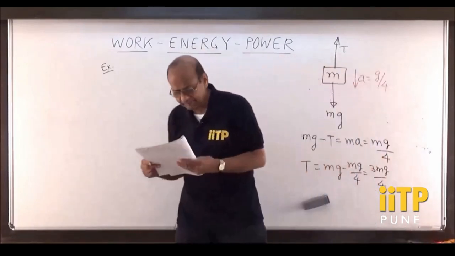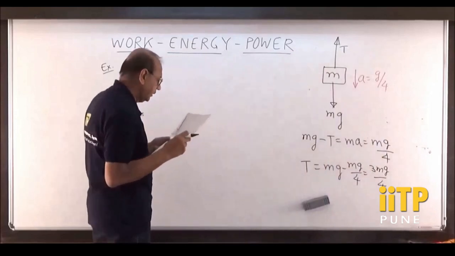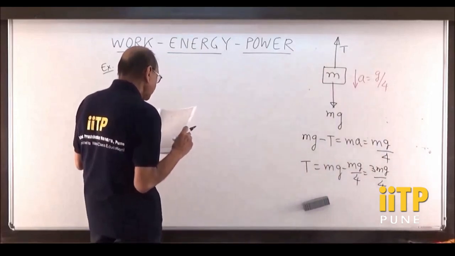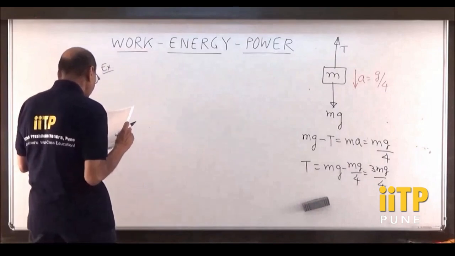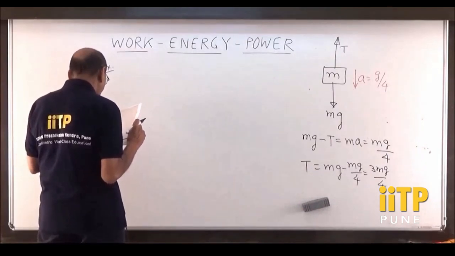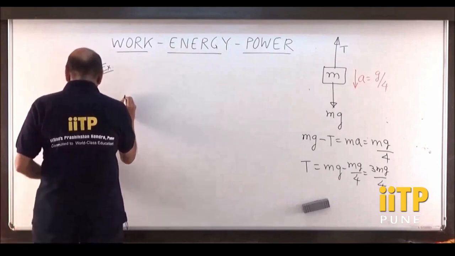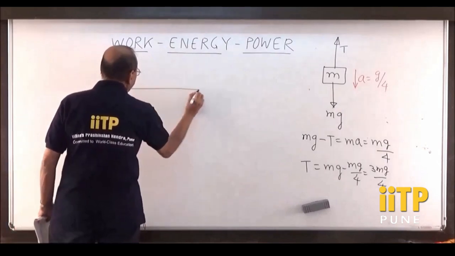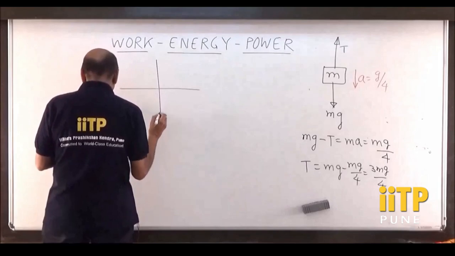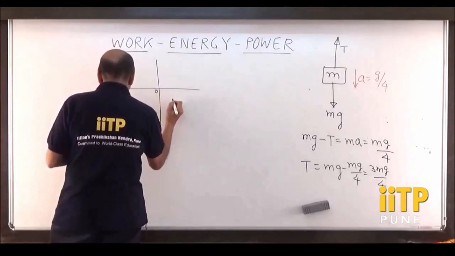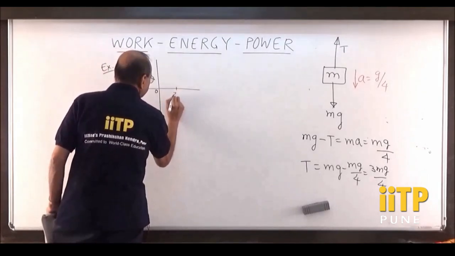The problem says that they have given us a graph in which force varies with displacement. So force is a variable force. The graph is like this: 2 meters and 4 meters.